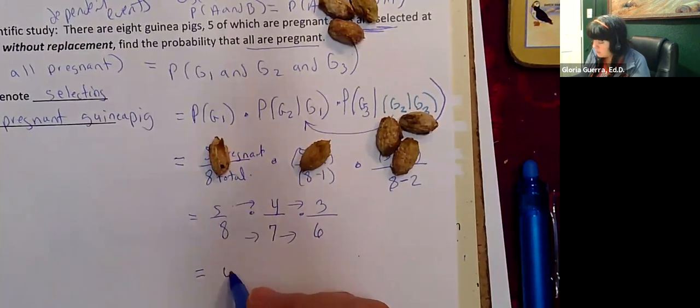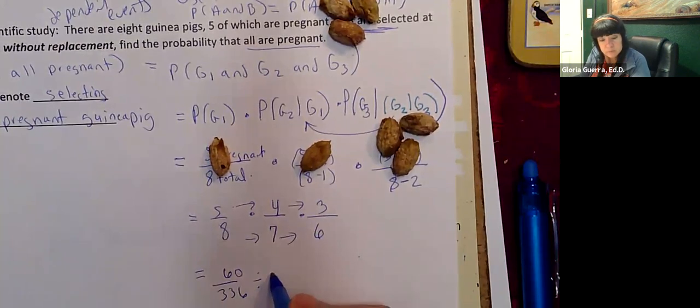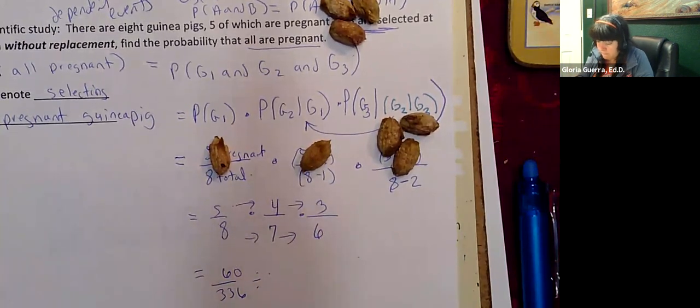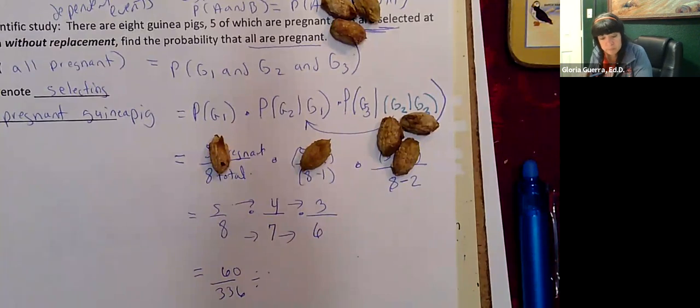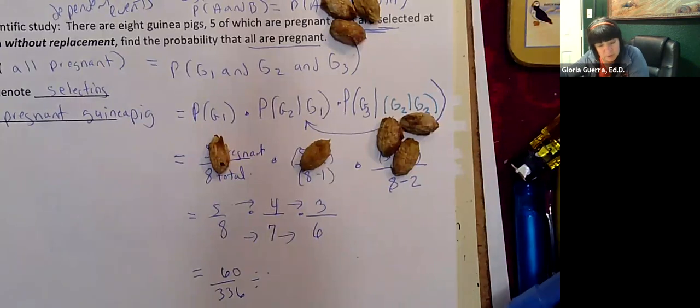you should get 60 over 336. And when you reduce it, so let's see, 60 over 336. When you reduce that, use your math frac, and you should get 5 over 28.